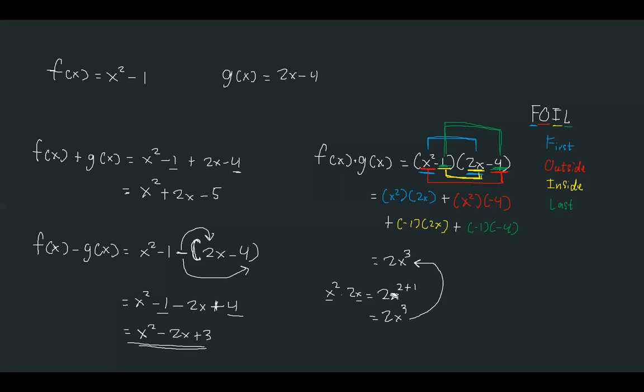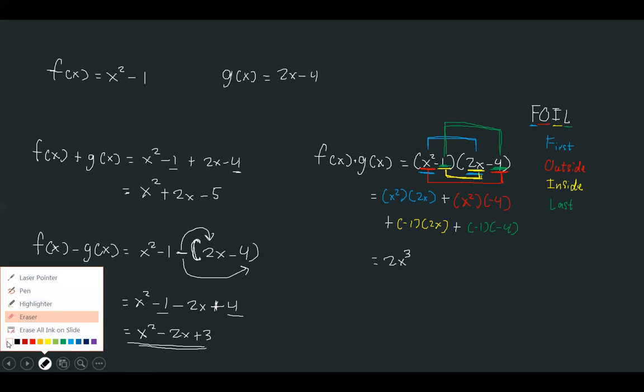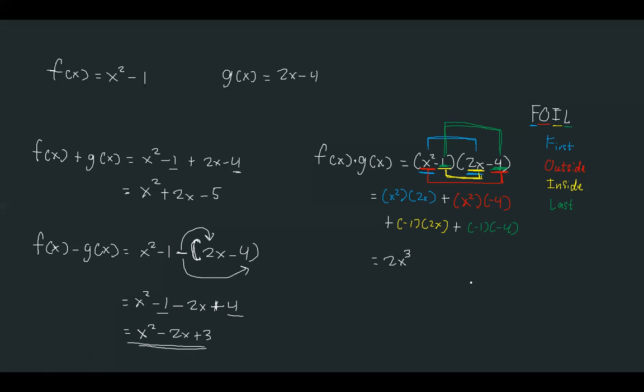Okay. By the way, I'm explaining this one in a slow but sure way because I think there are others who are not that familiar with this situation. Okay? So next, now we're going to multiply the outside terms, which is x squared and negative 4. So we have negative 4x squared.